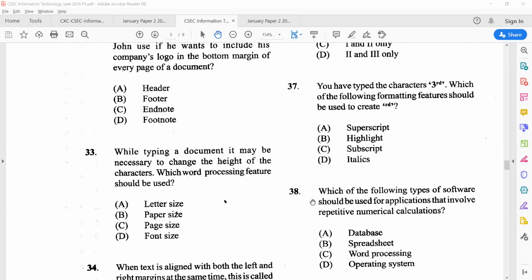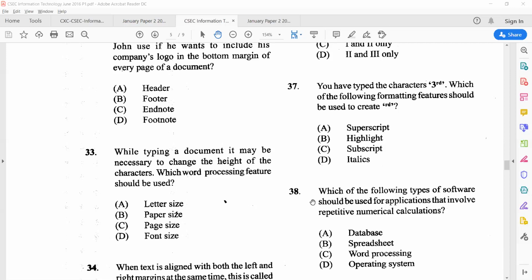All right. So 37. You have typed the characters 3RD. Which of the following formatting features should you use to create R and D? So what they're asking here is, what formatting feature should you use to have the R and the D to the top of the row, or the text there.